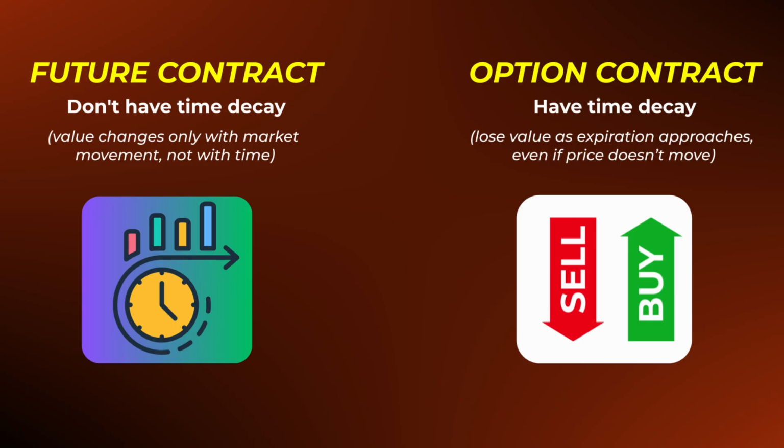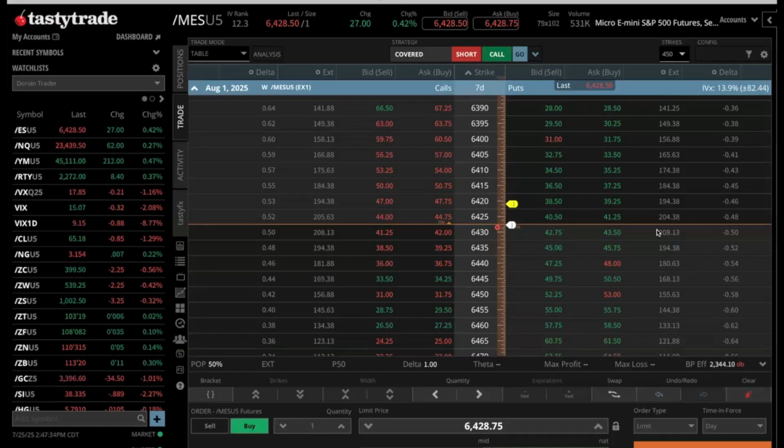So, for simplicity purposes, I try to articulate that the futures contract for collar purposes is like having shares, but futures contracts is leverage. It's significant leverage. You don't have to use a lot of money to be able to control a very high notional value.